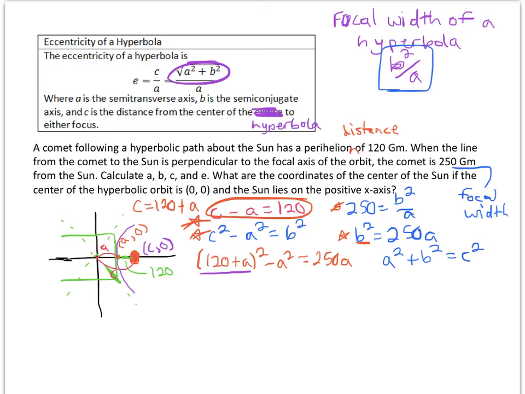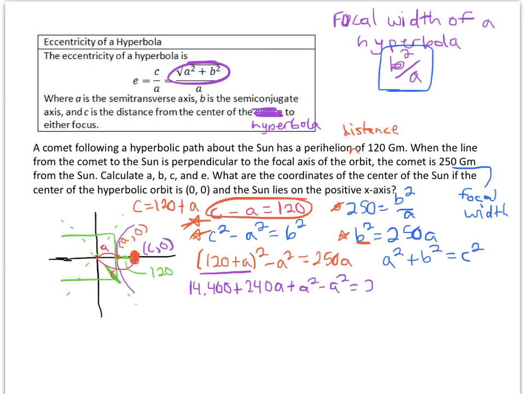This should be 14,400 plus 240a, plus a squared, minus a squared.